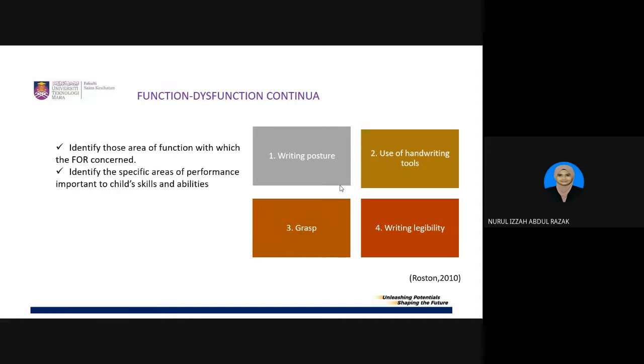In this handwriting frame of reference, four function-dysfunction continua are placed as indicators of certain skills that the child has, which will make their handwriting performance good or inhibit their performance. The four continua are writing posture, use of handwriting tools, the graphs, and writing legibility.